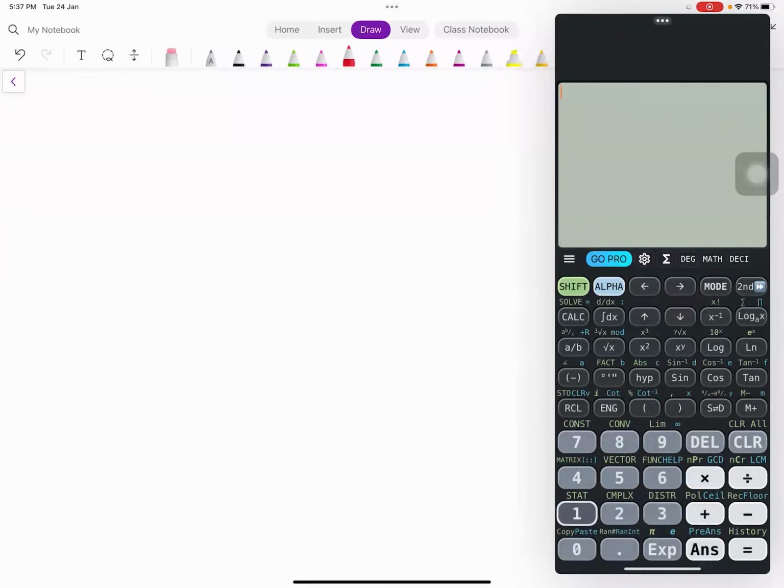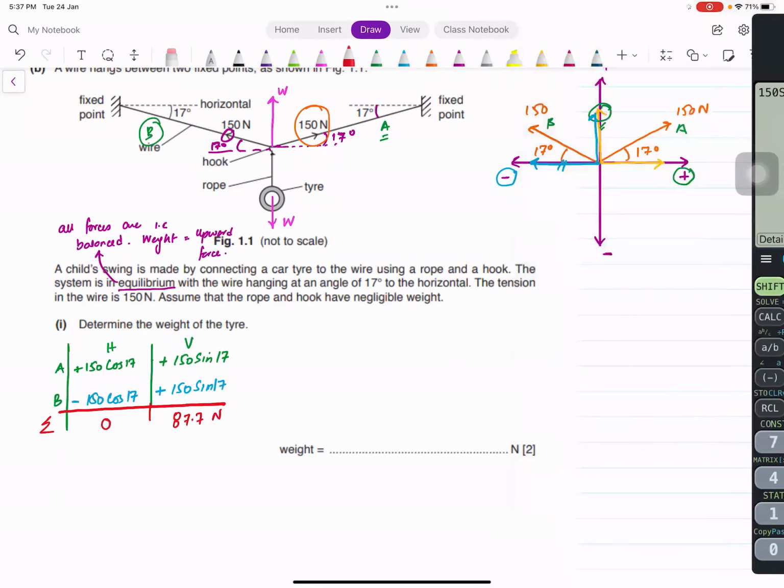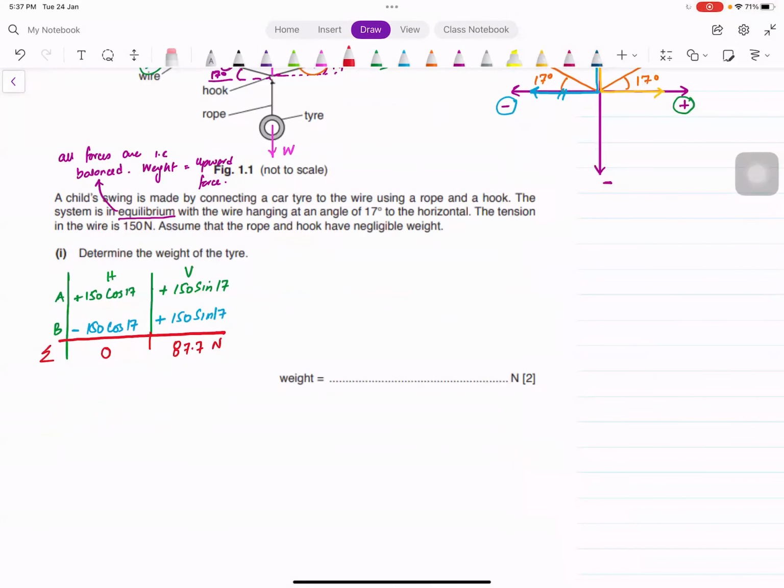So what you get, 150 sine of 17 plus 150 sine of 17, is about 87.7. So I get 87.7 newtons as my answer for this. Now, the next logical step is that you can take the Pythagoras theorem, and the resultant of this is going to be 0 squared plus 87.7 squared.